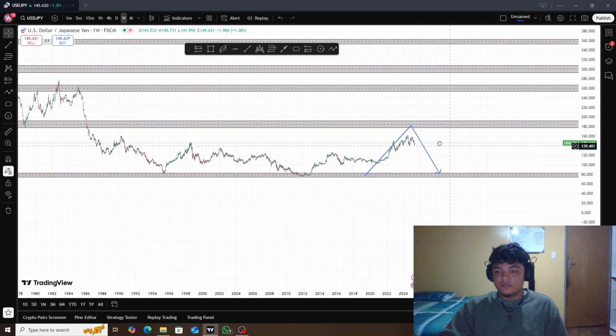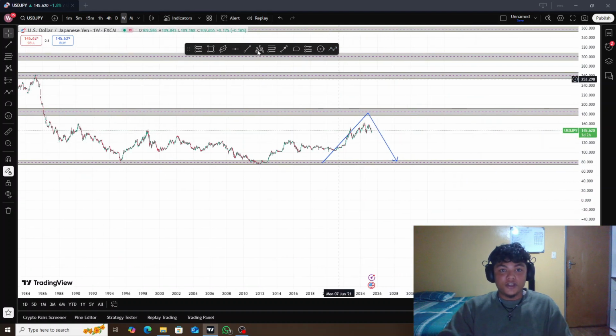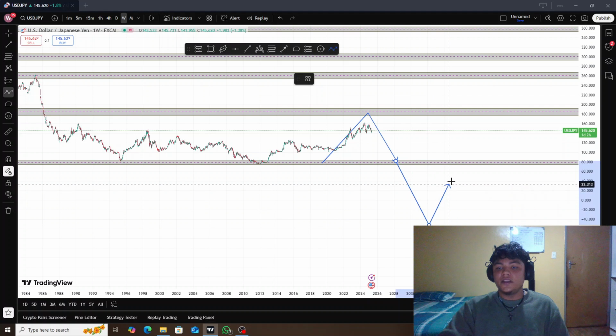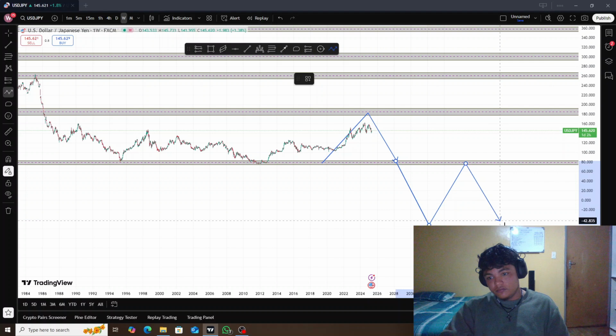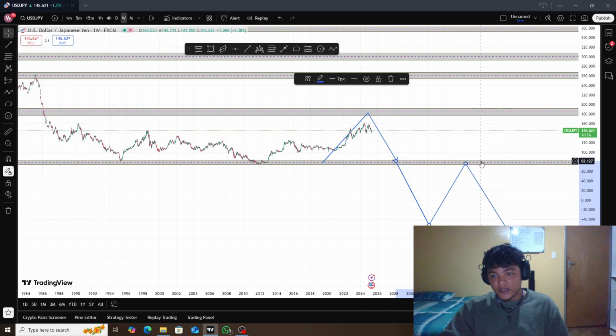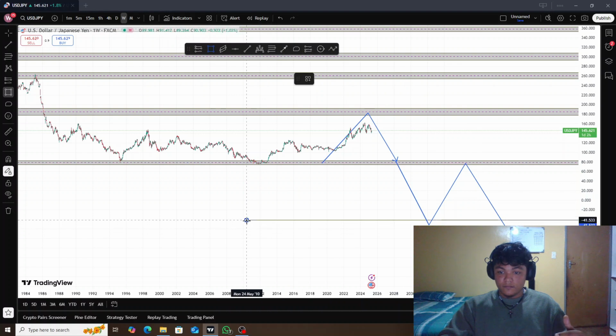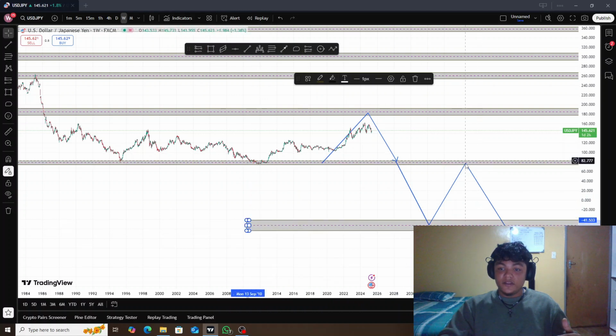After that, if it's going to continue with the downtrend, the market needs to break this new support, goes down, goes up again to retest the support. As soon as the market goes down, this won't be support anymore, because now it's going to be at the top. We have two new zones. This would be the resistance and this would be the support.